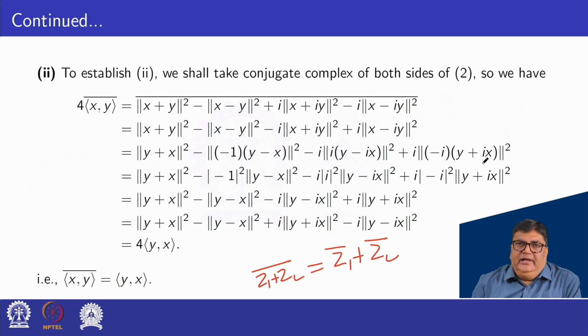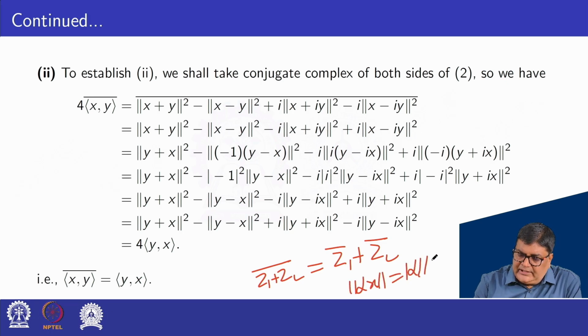Again apply the property norm alpha x equal to mod alpha norm x. So this is as it is, and this one, minus 1 as alpha.